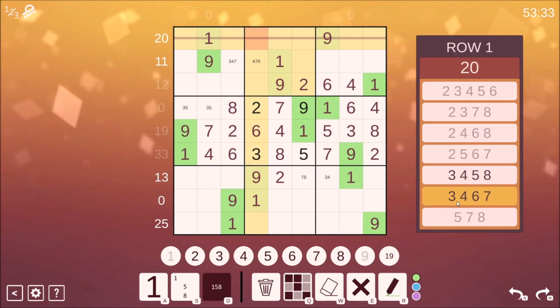So a 3, 4, 6, 7. We have 2 pairs of consecutive digits. Now, what that means is we would either have to place, let's see if we have any limitations first.